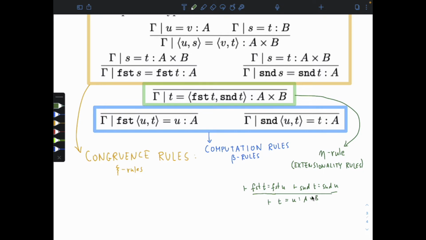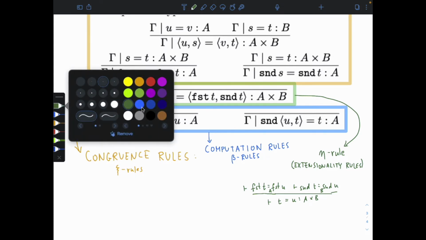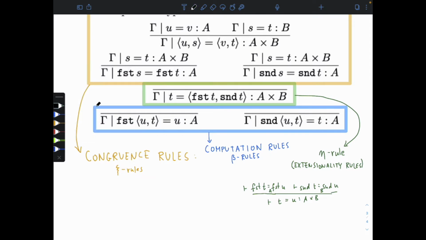This is at a cross b, this one is at a, this one is at b. And it turns out that these are related, interderivable, if you have the computation rules and congruence rules. So they're related, but the point is that I can explain the extensionality rules much better than the Ita rules.